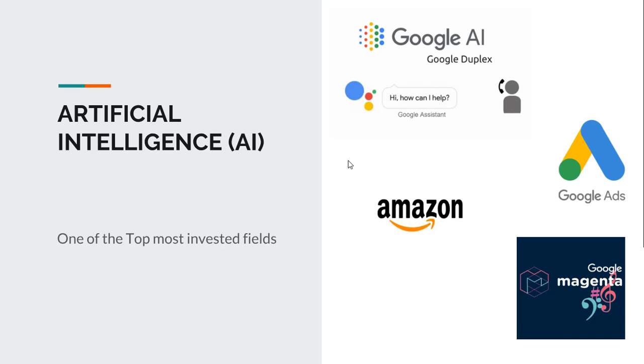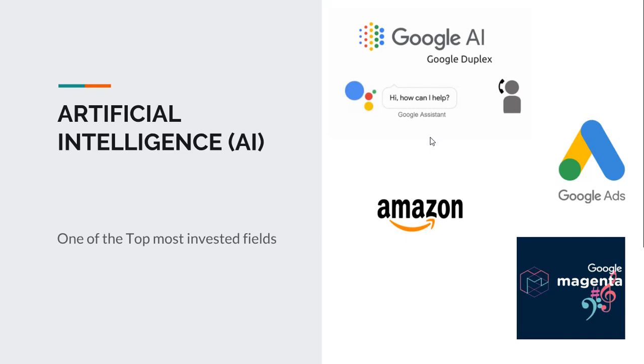Some of the projects are listed here. For example, the first one is Google Duplex, which was presented by Sundar Pichai in the latest Google I/O conference, where the Google Assistant was actually able to book an appointment for the client through a phone call. And this project tells you how much we are growing in speech synthesis and natural language processing.